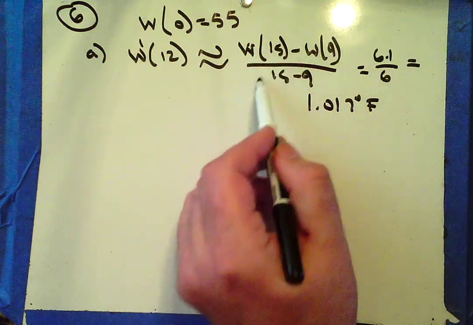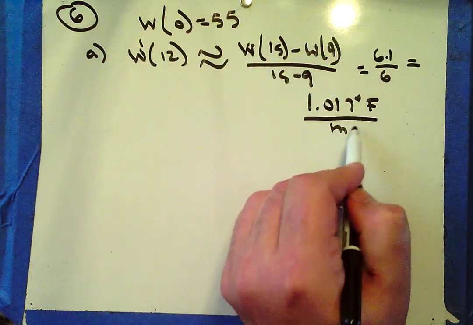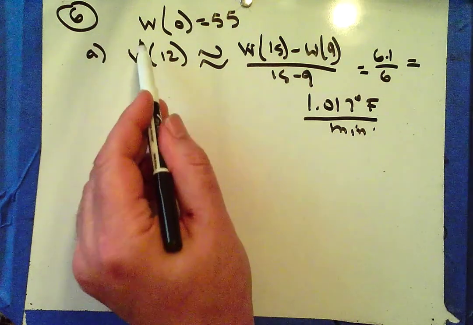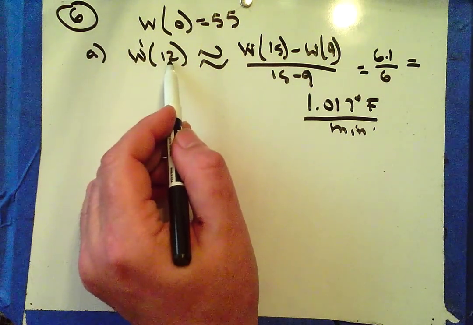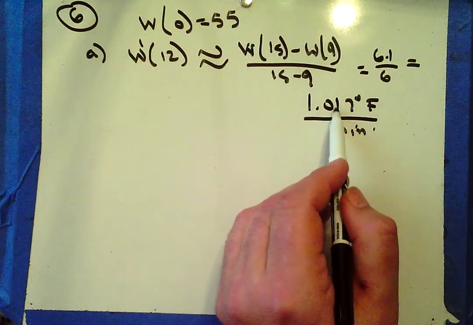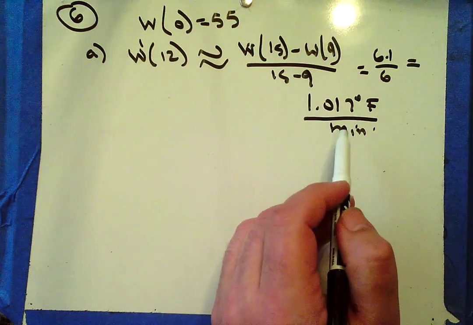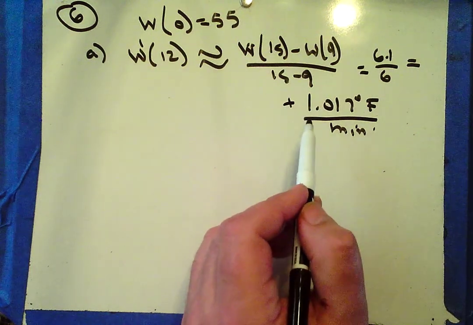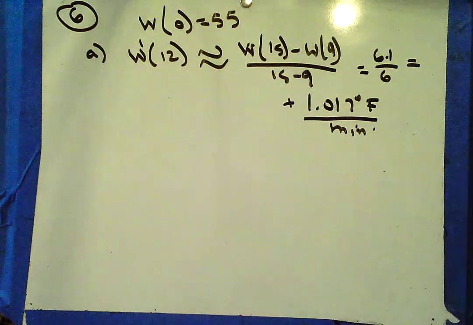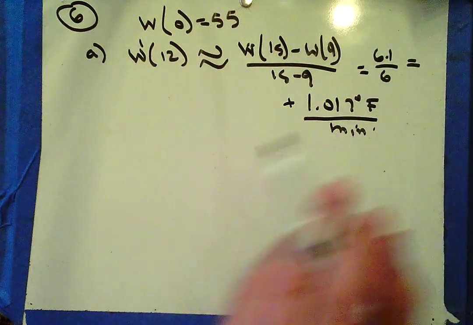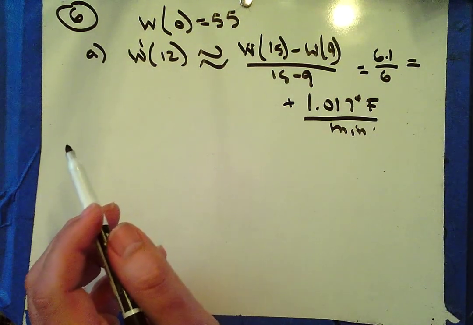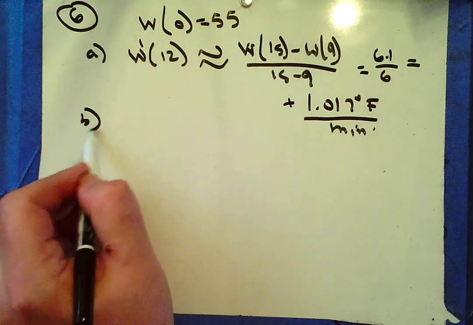That's what's on the top. On the bottom we have minutes. So W prime of t, or the change in the temperature of the water at time equal to 12, is approximately 1.017 degrees Fahrenheit per minute. Notice this number is positive. That means the temperature of the water is increasing, and that's consistent with what they told us in the stem of the problem. The temperature is increasing.